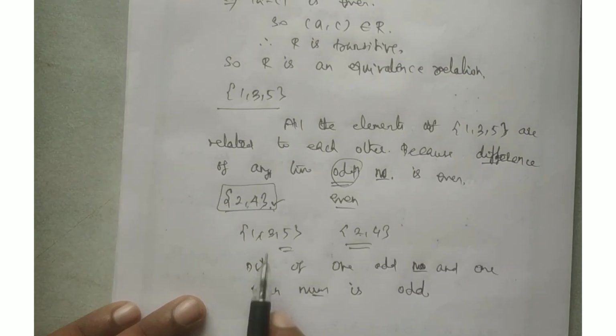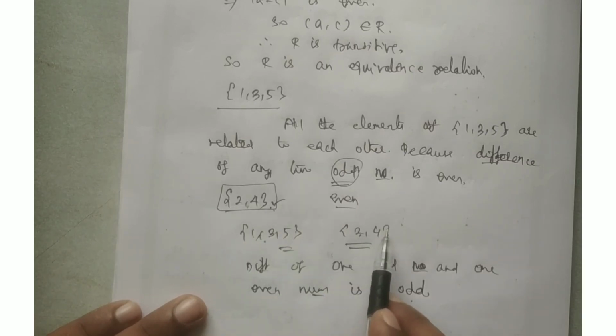The difference of an odd number and an even number is odd. So I can say that this set contains only odd numbers, and this set contains only even numbers.